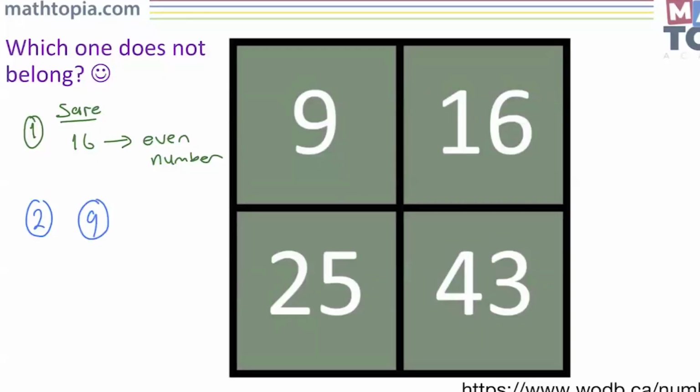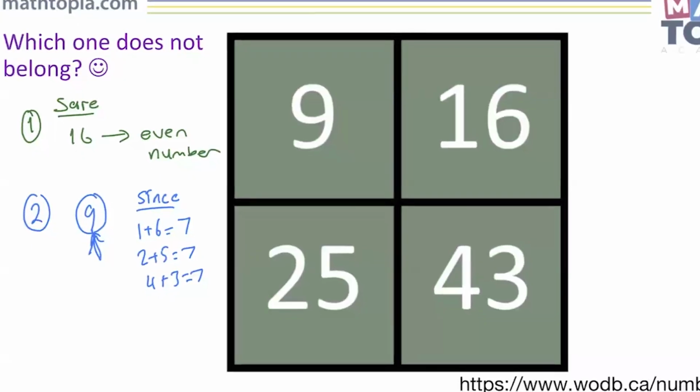Why? Since the others have a sum of digits of 7, but 9 is the only one whose digit sum is 9, right? Does it make sense? Yeah. This solution is okay? Good. Let's create multiple solutions, maybe 3 or 5 solutions.